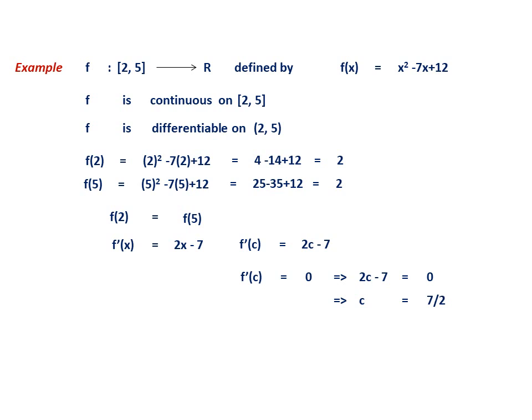This gives c equal to 7 by 2. Now check what is 7 by 2. 7 by 2 is 3.5, and 3.5 lies between 2 and 5. Therefore 7 by 2 lies in the interval 2 to 5. This is what Rolle's theorem says. So this is a very good example to show the truth of Rolle's theorem.